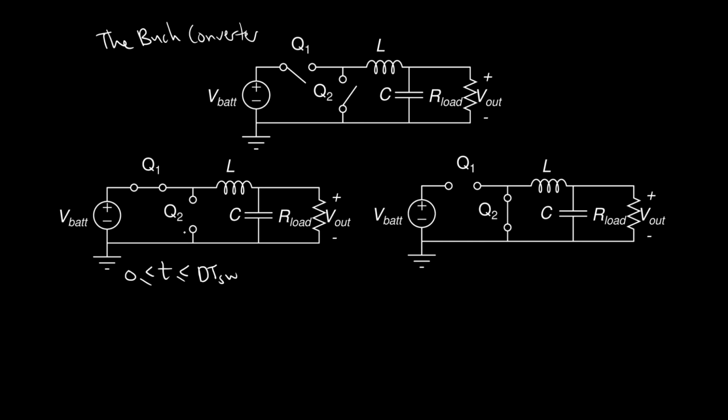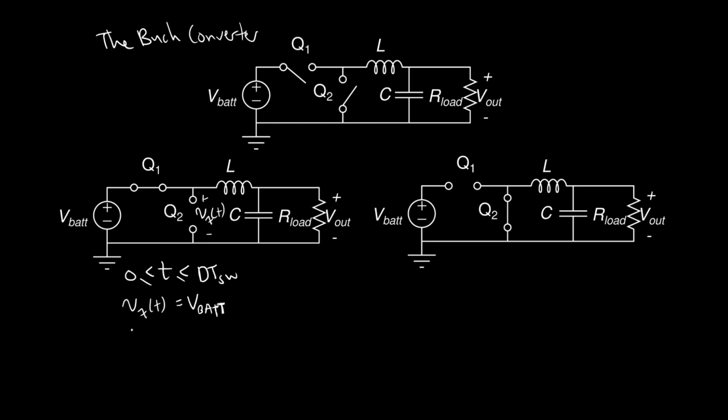Okay, so how does this work? Well, again, we still only have two states, right? These are the two states. In one state, from times 0 up to DTSW, Q1 is on and Q2 is off. So again, the voltage at the input of this filter, this node, is very important.